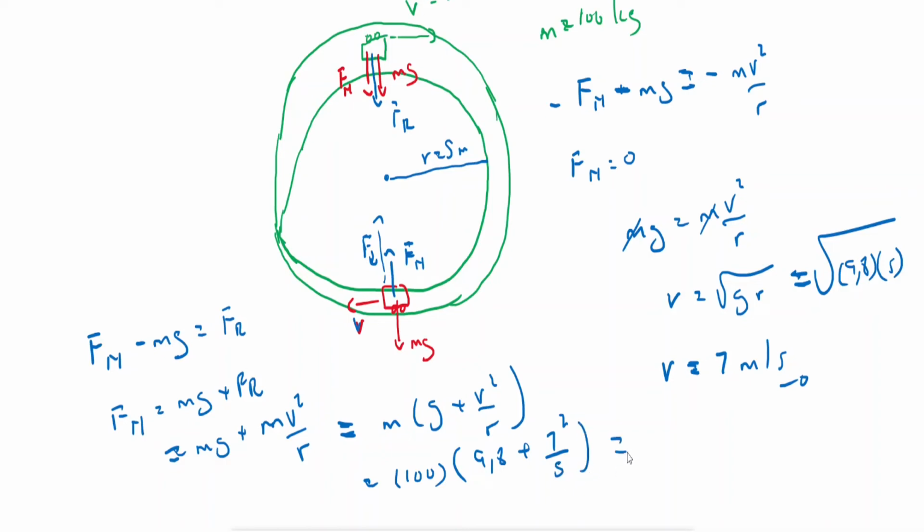All right, and then the normal force that you will need in order to maintain that is going to be equal to 1960 Newtons. That's basically how much normal force you are going to require in order to get that car to be moving at that speed.